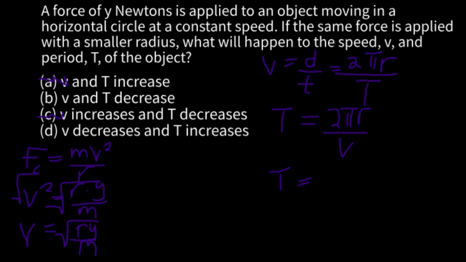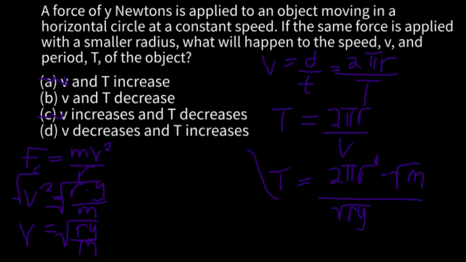So I'm going to do it as 2 pi r times the square root of m divided by the square root of r times our force F. This is r to the 1. That square root down there is r to the 1/2.